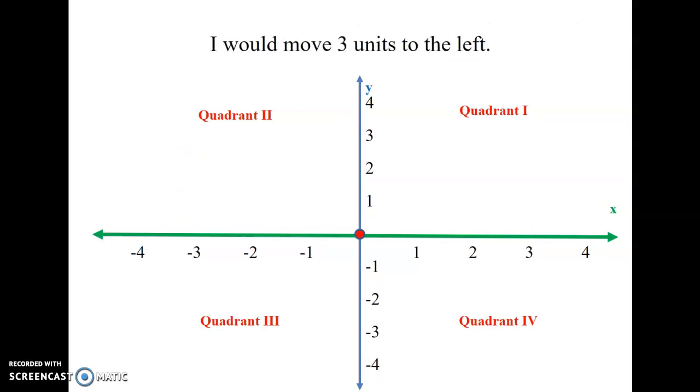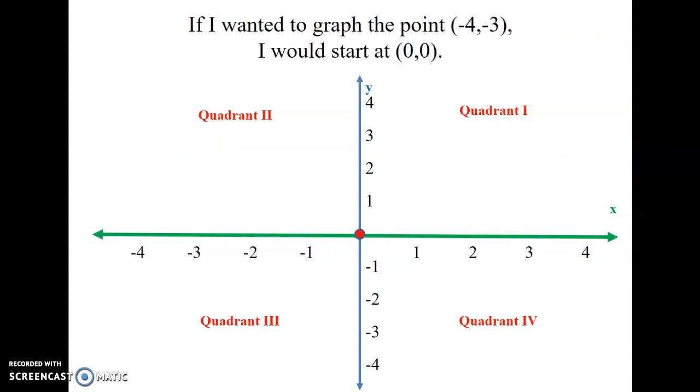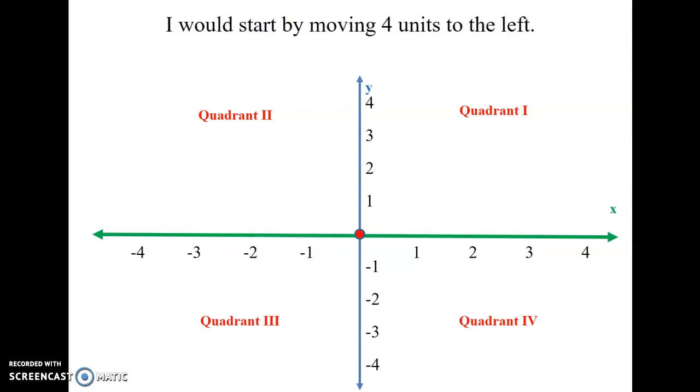So let's look at this. First you're going to move 3 units to the left, and then 2 units up. And we're going to label our point with the ordered pair. So if I wanted to graph -4, -3, again, I start at 0, 0. I go first to -4, the -4 elevator, and then I take it down to the -3rd floor.